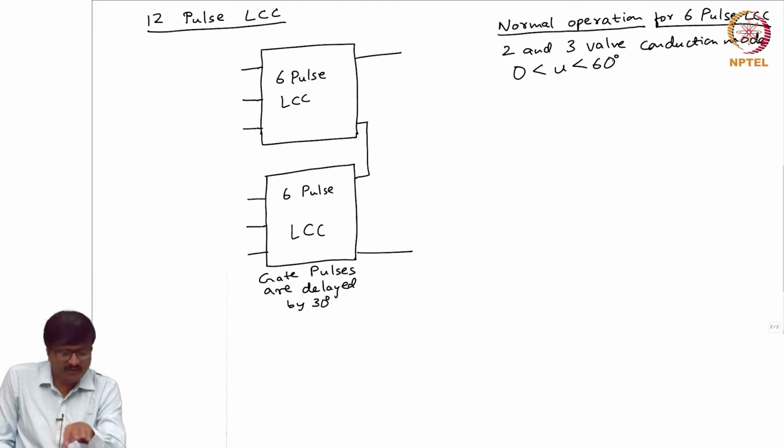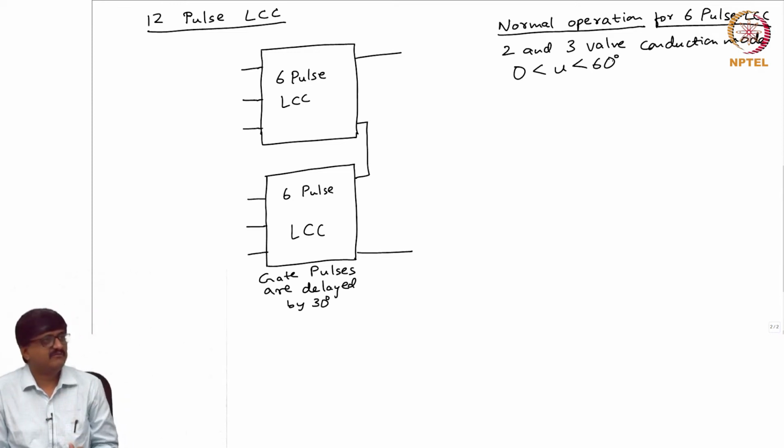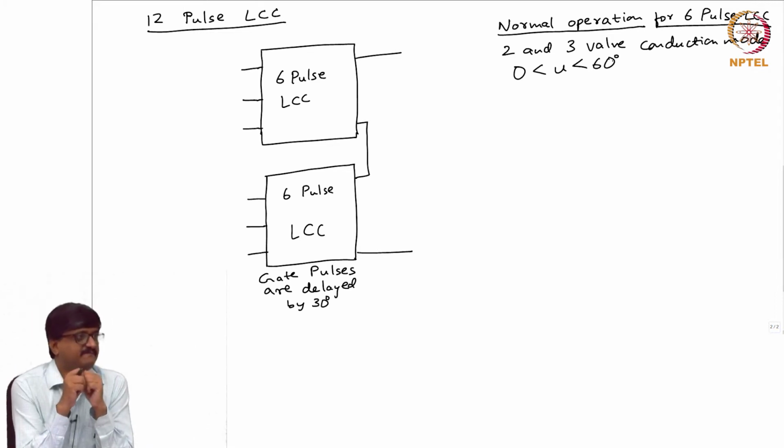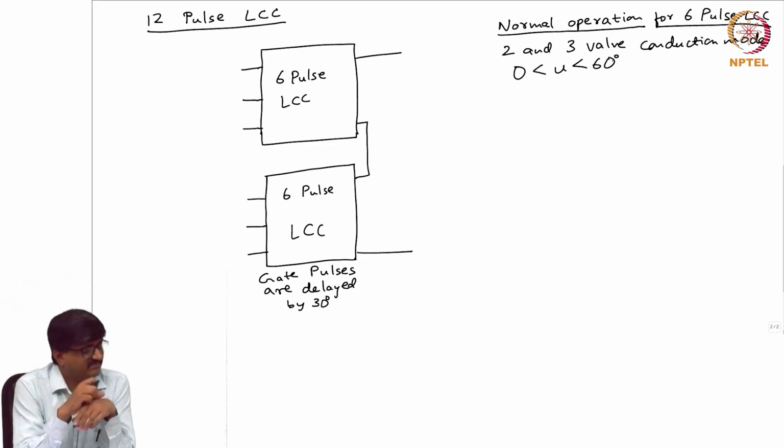Now, if I take together all the 12 thyristor valves, at any instant, what is the possible number of valves that conduct? We will have two cases, u less than 30 or u greater than 30.